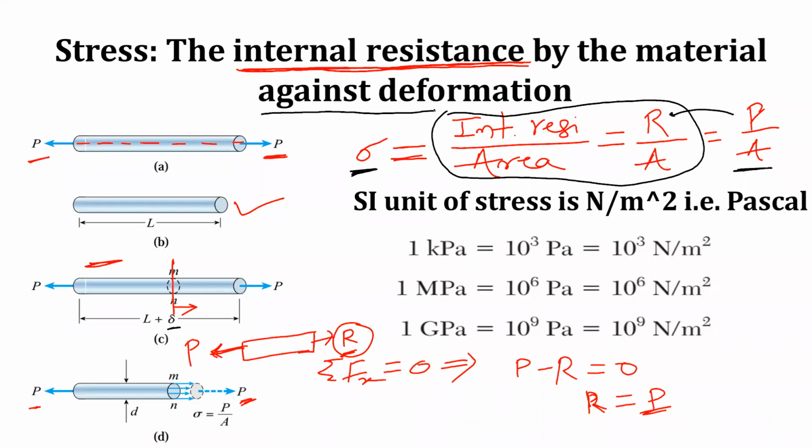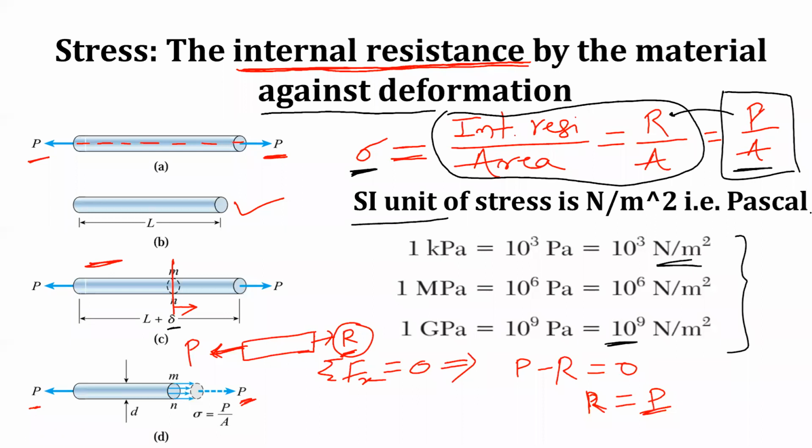Okay, so you have to remember that stress is equal to load upon area. The unit is Newton per meter square, the SI unit, and these are the conversions. 1 kilopascal is equal to 10 raised to 3, and similarly 10 raised to 9 for 1 GPa.